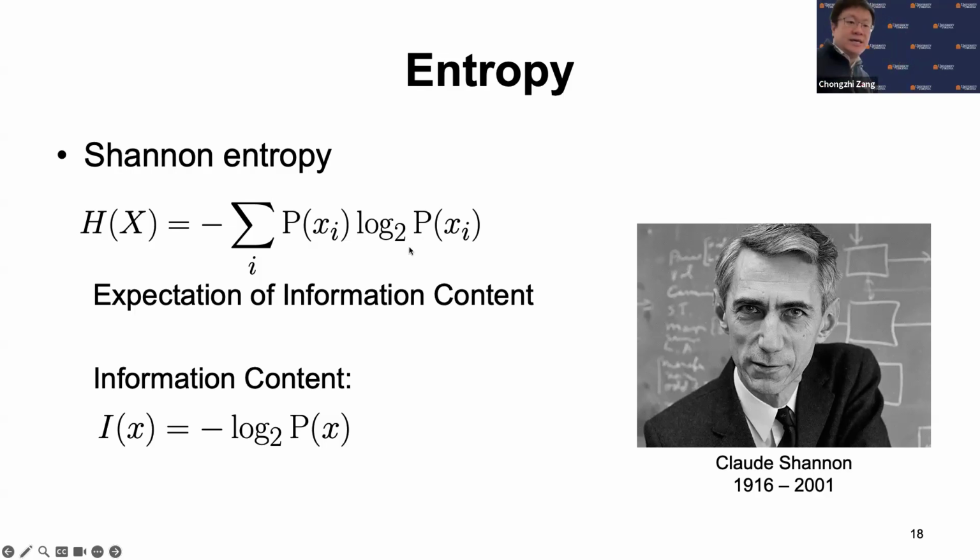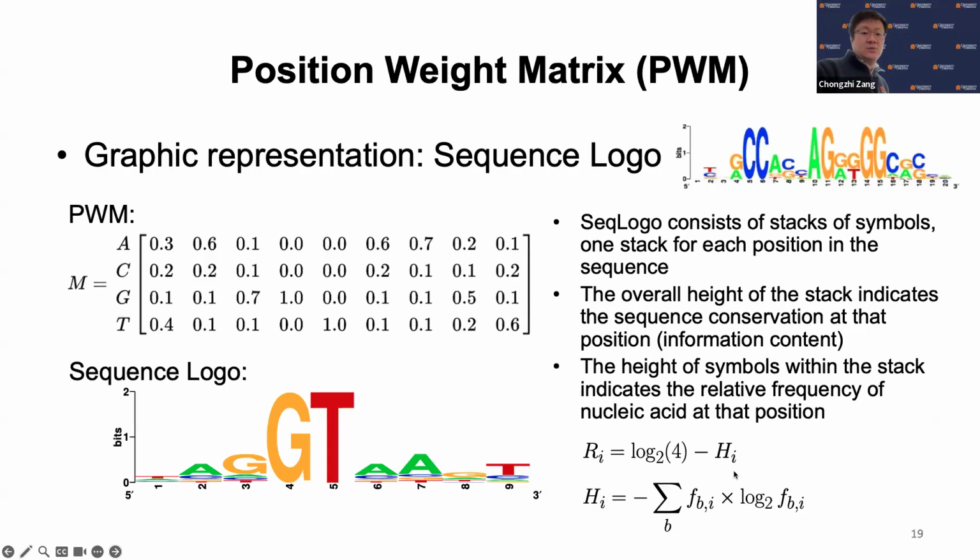That is exactly the same as what we used here. We can convert that into the expression of information content. So this type of sequence logo with the information content shows the information that a position weight matrix can carry.